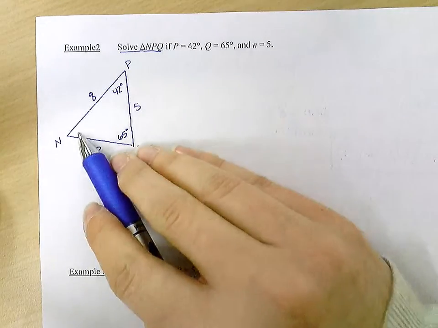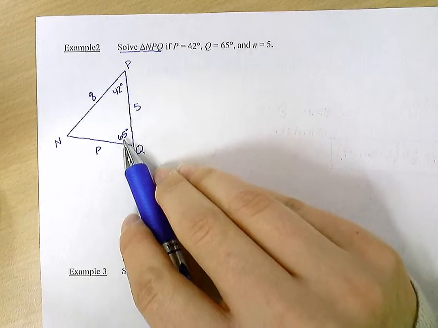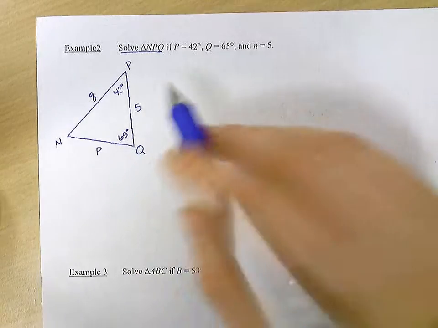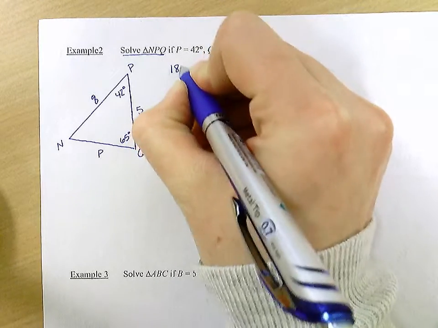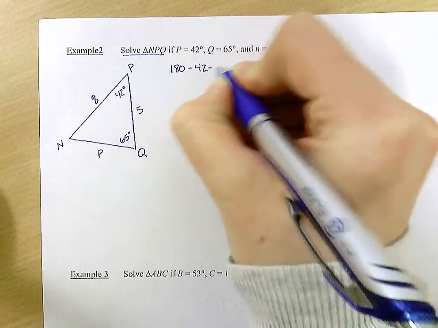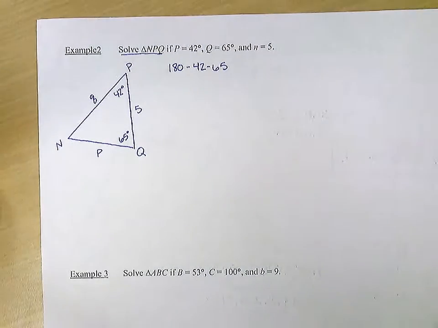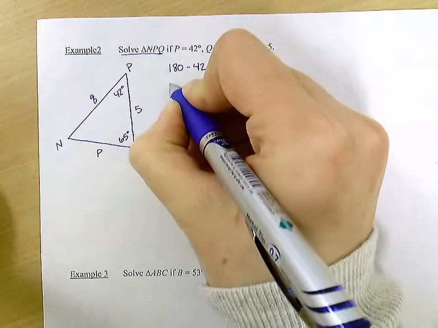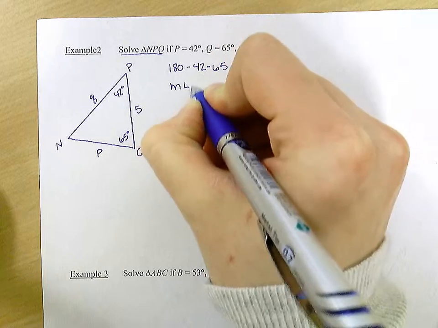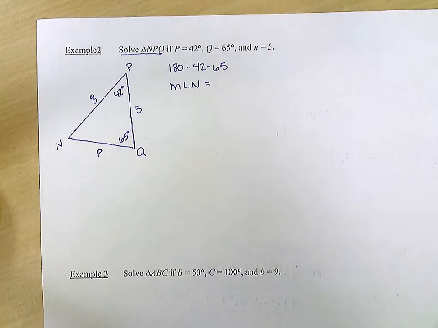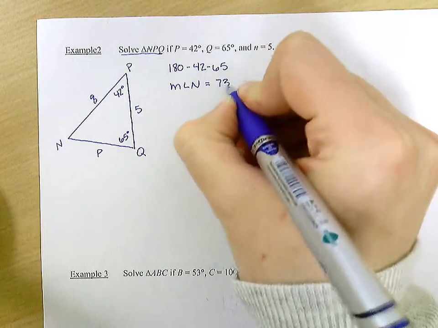All of your angles within a triangle have to be 180 degrees. So I'm going to take 180, subtract the two angles that I know, to get the measure of angle N to equal 73 degrees.